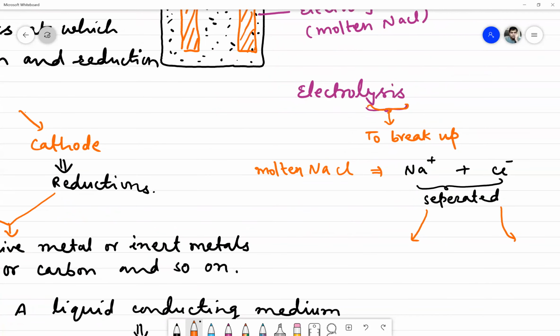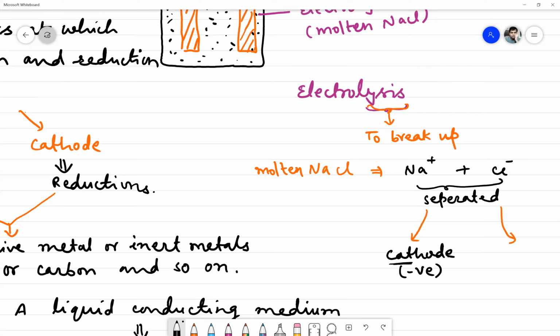These ions are separated because of passing the electricity. The ionic force between the sodium ion and chloride ion is destroyed, and then these ions migrate towards the opposite electrodes. Sodium ions migrate towards the cathode, which is the negative electrode here. Positively charged ions, cations, are attracted by the negative electrode, that is why it is called cathode.